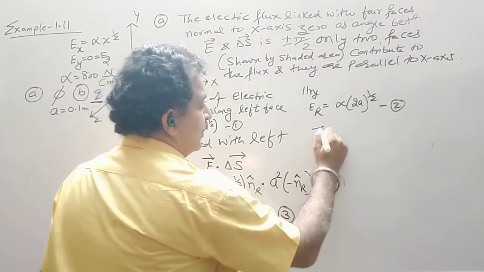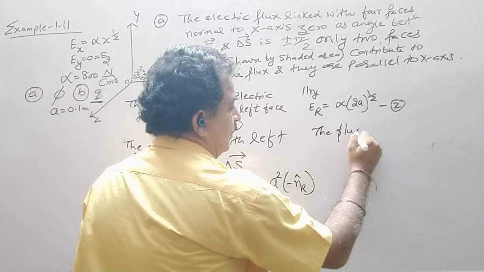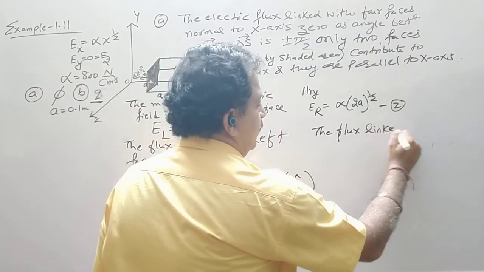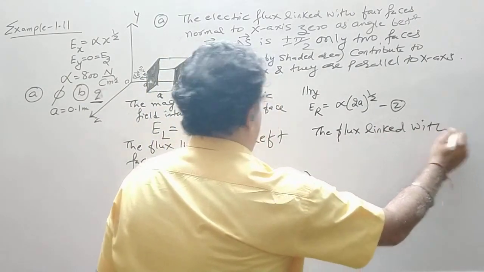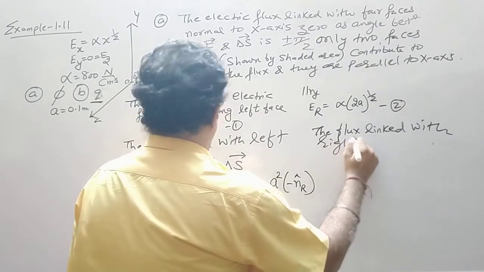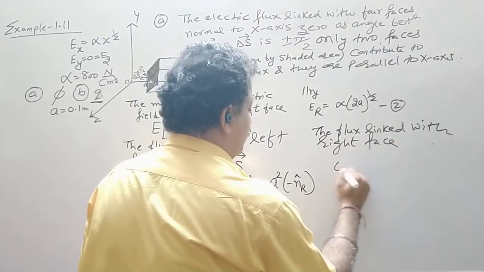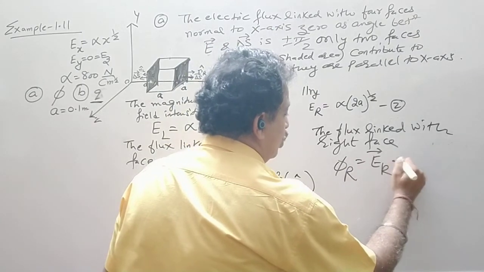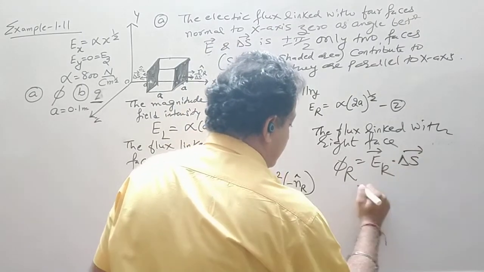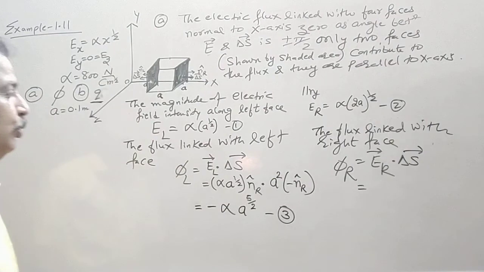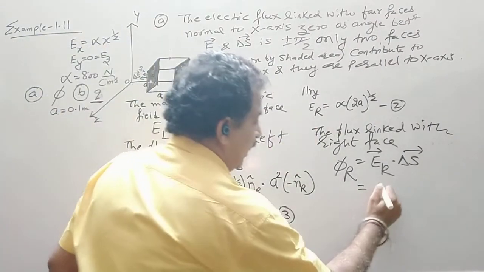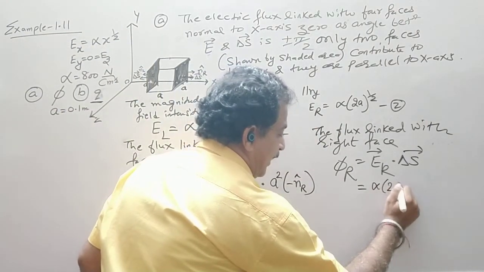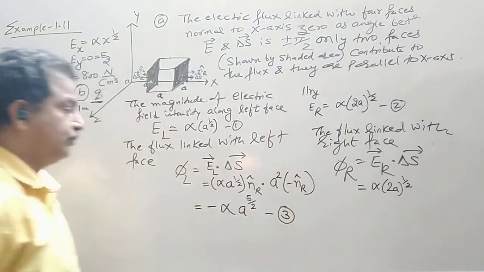Similarly, the flux linked with the right phase, that is phi R, equal to ER dot delta S. I am directly substituting the value ER alpha 2A raised to half.